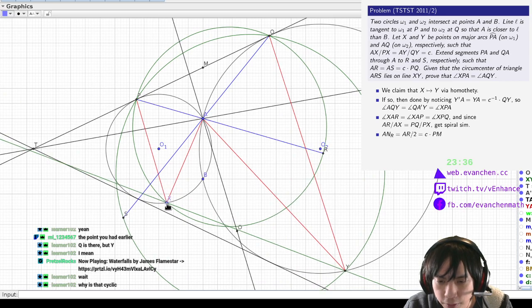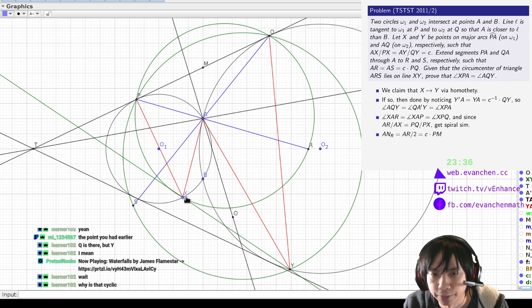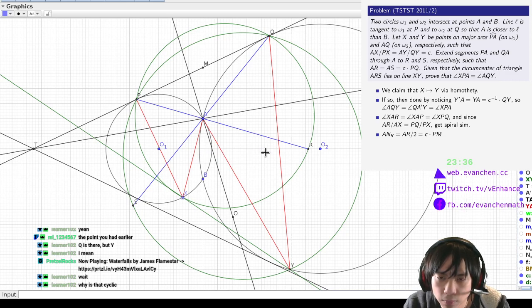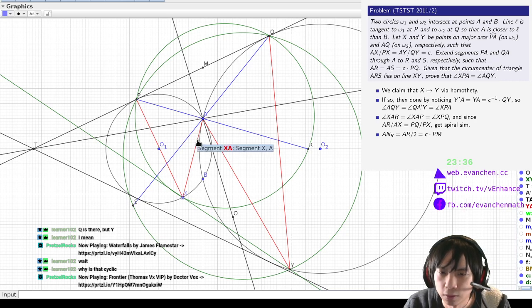So why is XPQ cyclic? I told you there's a spiral sim, right? That sends XAR to XPQ, so XRA is equal to XQP. Wait, is that it? No, spiral sim is supposed to work that way. What?